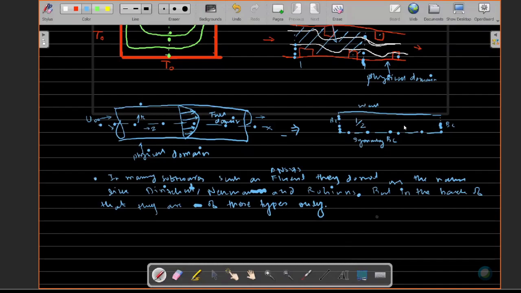These are the names they are using, and these names are specific to the software. But in principle, all these boundary conditions are different combinations of Dirichlet, Neumann, and Robin.